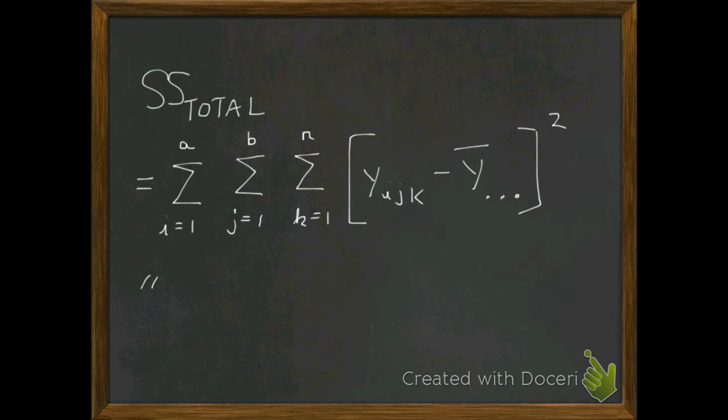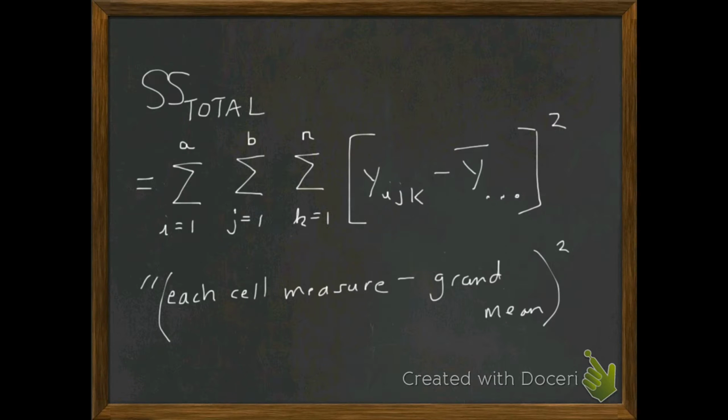But really we're just taking the sum of each cell response minus the grand mean squared. That's all we're doing. All right, gang, let's go on to the next thing.